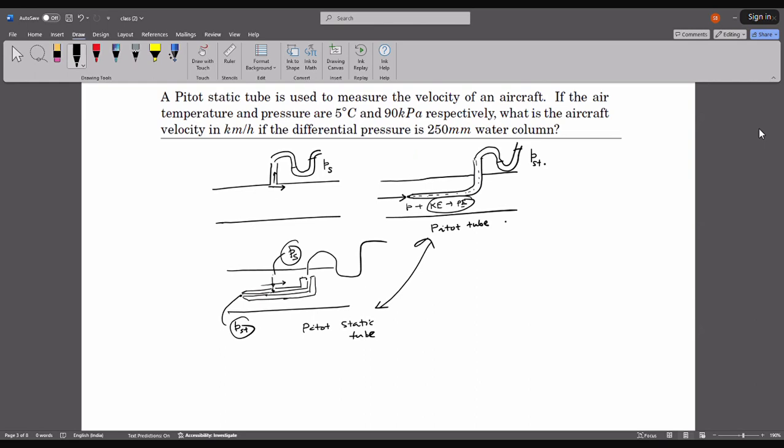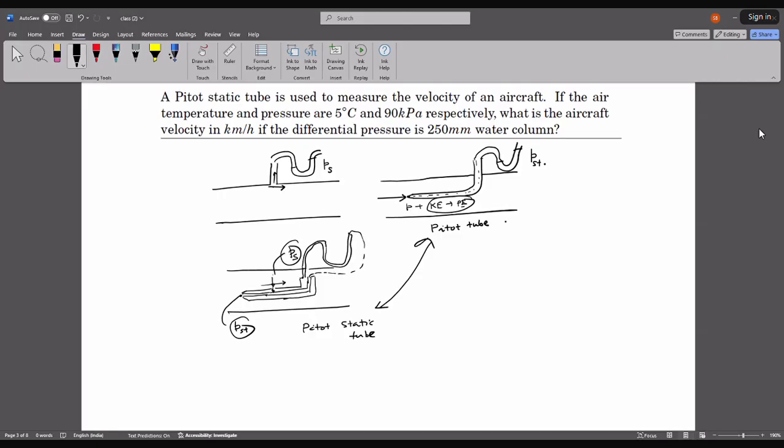Let me correct this. I did not draw this properly. In fact, this is connected to one arm of a U-tube manometer, and the stagnation pressure is connected to the other arm.